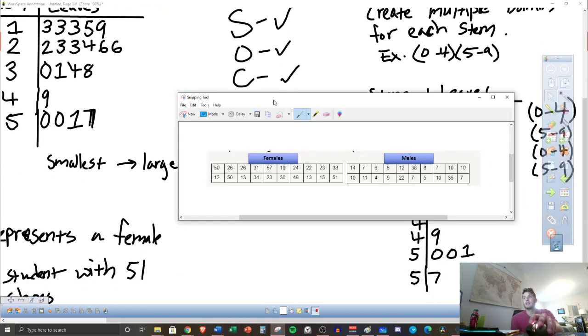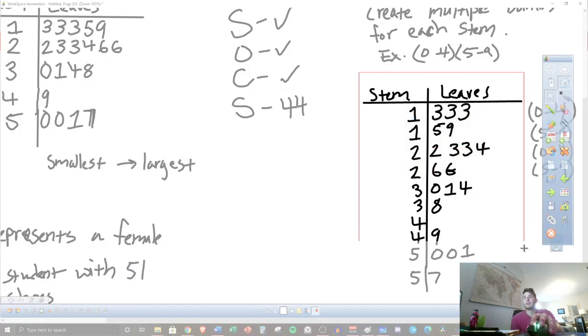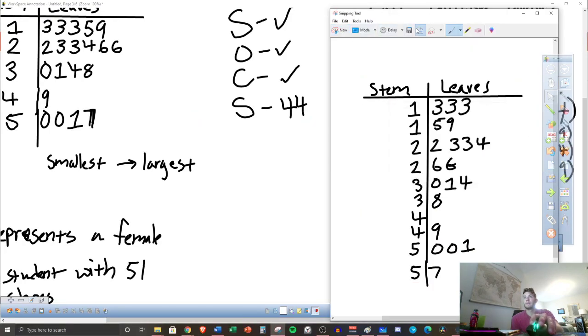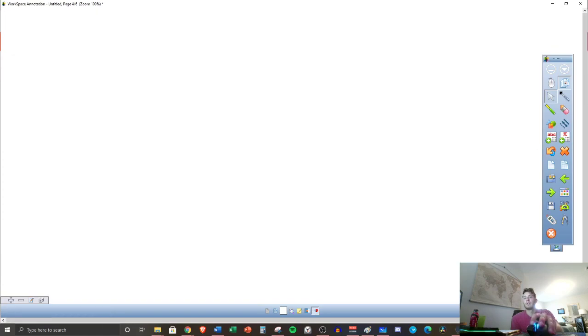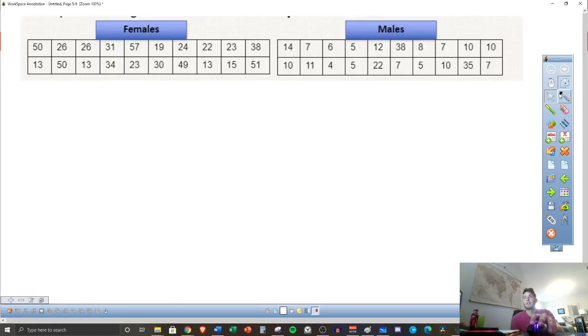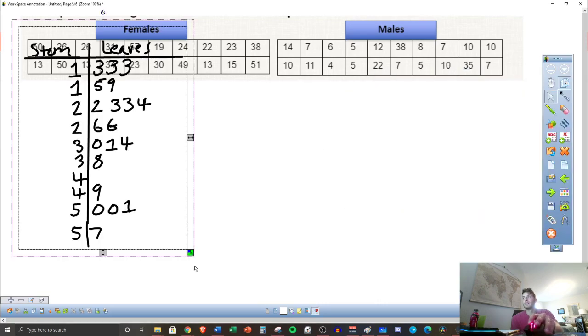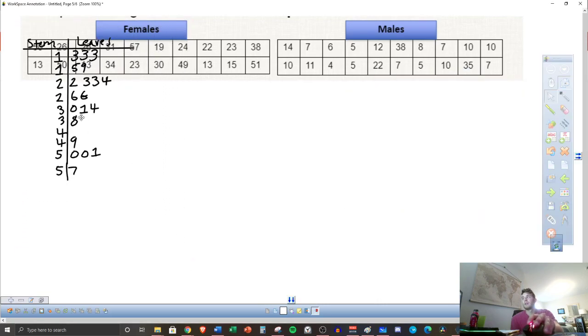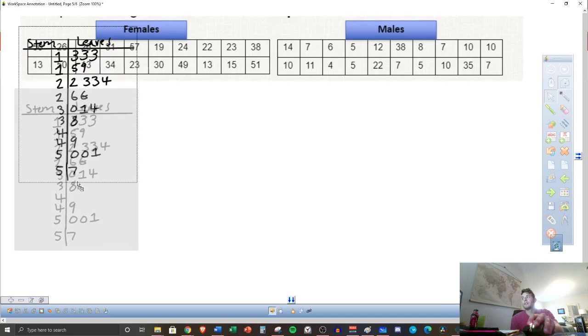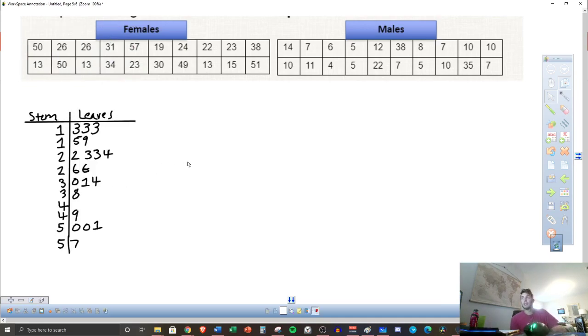Let me snip that real quick. There we go. Let's paste this right here. All right, so this was our females. This is our split stem plot.